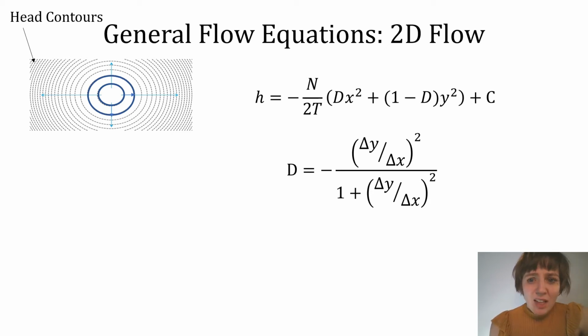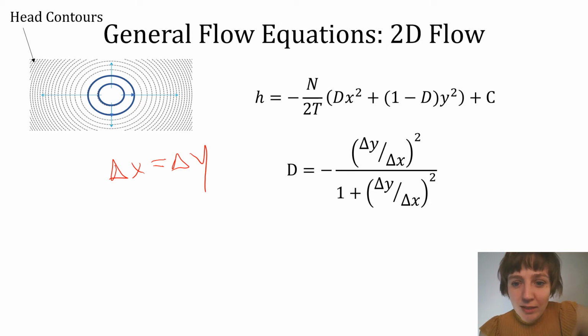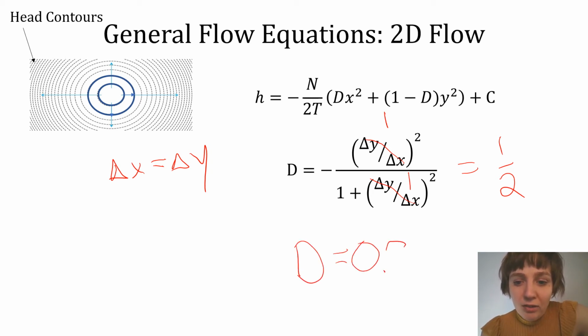So that means that delta x is going to actually equal delta y. So if you take delta y over delta x, that's 1 divided by 1 plus 1 equals 1 divided by 2. So in the case of concentric circles, d equals 0.5.